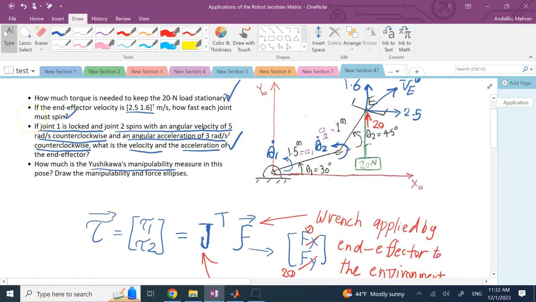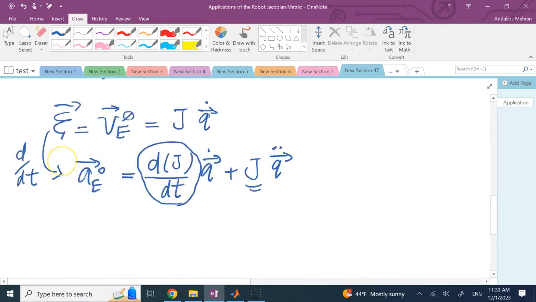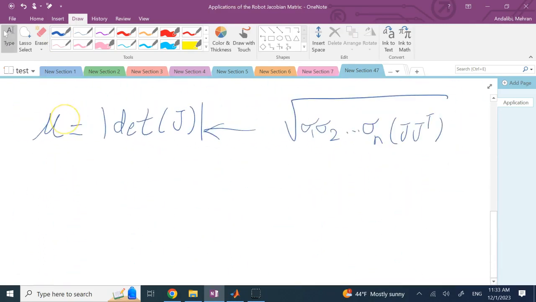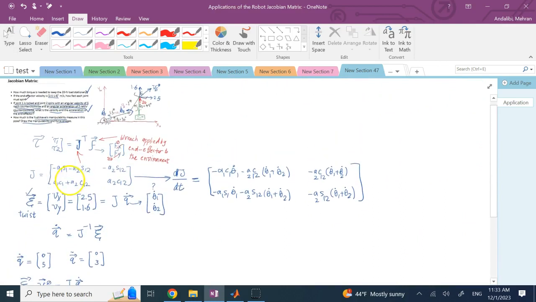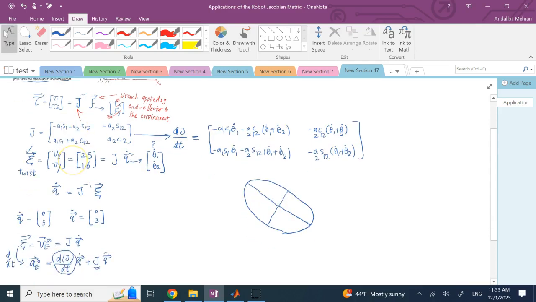Now, the other thing is to show the manipulability ellipse as well as the force ellipse. Okay, draw them. How would you draw that? Well, if you looked at my previous videos, you know that the manipulability ellipse is basically an ellipse like this, and it has a minor axis and a major axis, and these axes are the eigenvectors, the direction of them, right?